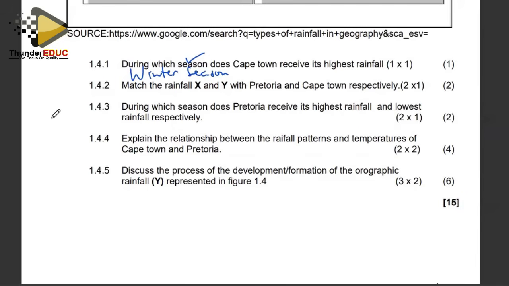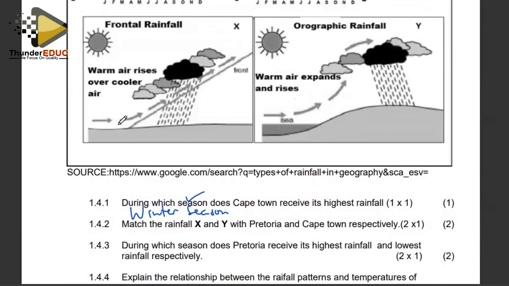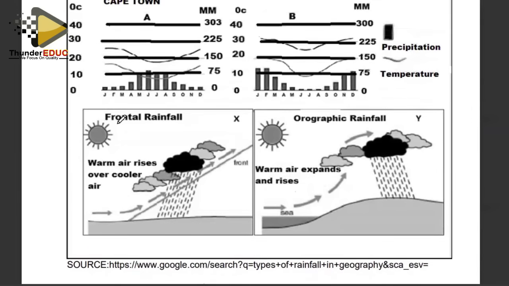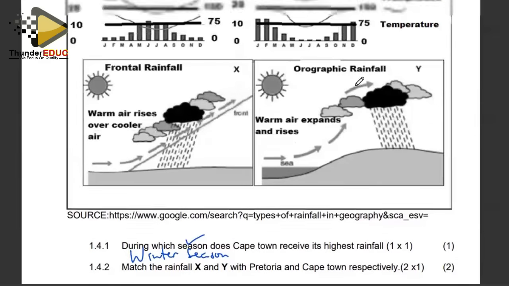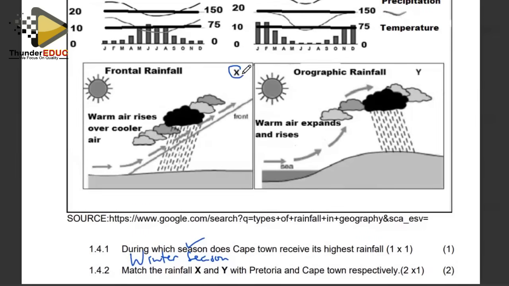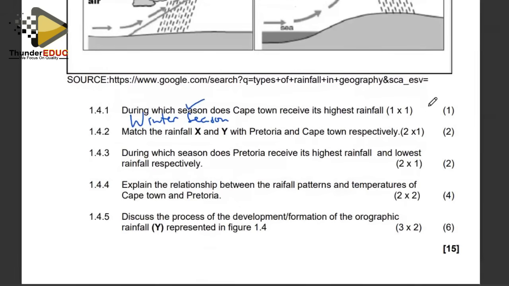Right, number 1.4.2. Match the rainfall X and Y with Pretoria and Cape Town respectively. We are saying rainfall X is frontal and rainfall Y is orographic. So we want to match those rainfalls with Pretoria and Cape Town.